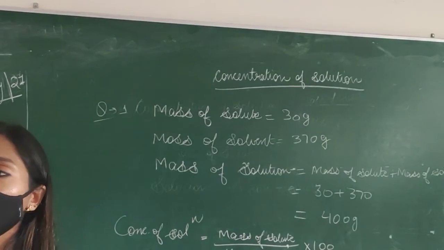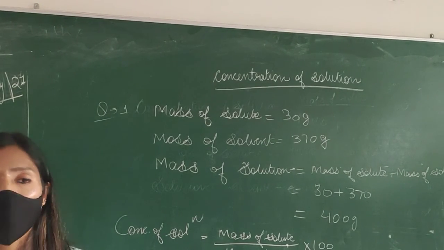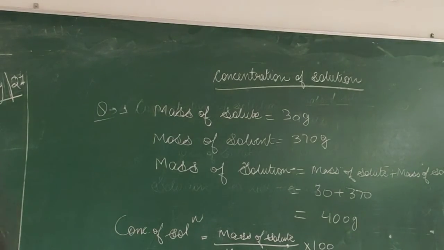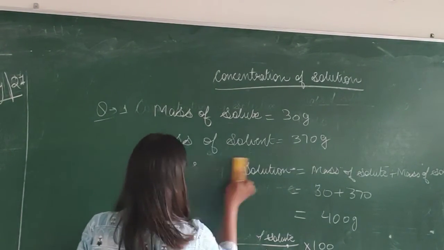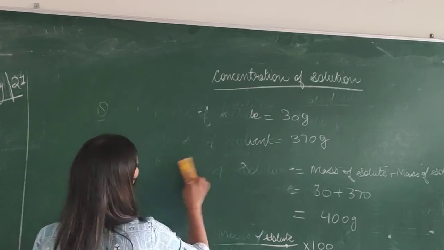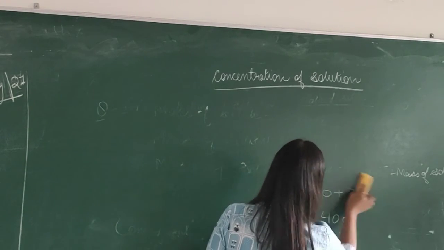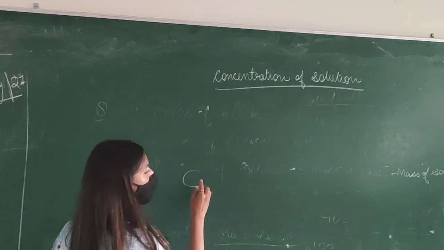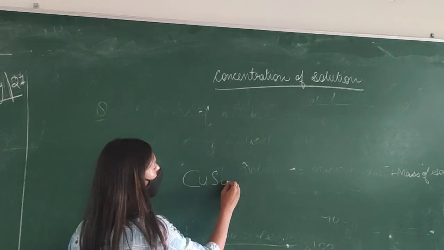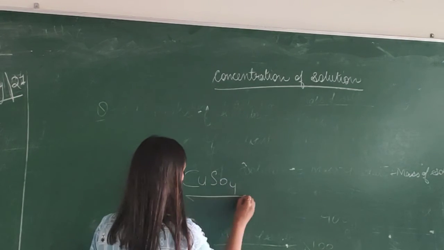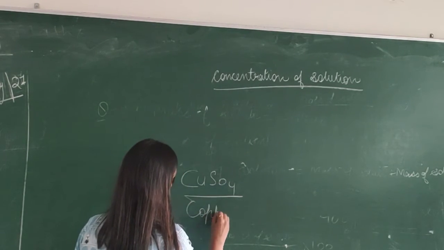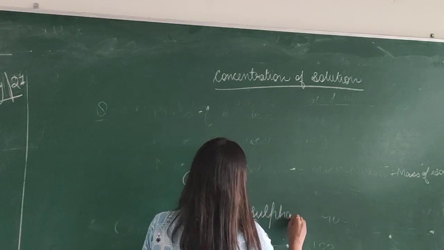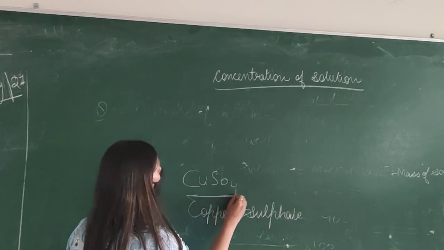If 110 gram of copper sulfate is present, the formula of copper sulfate is CuSO4. Okay, this copper sulfate is a salt which is made from copper and sulfate.